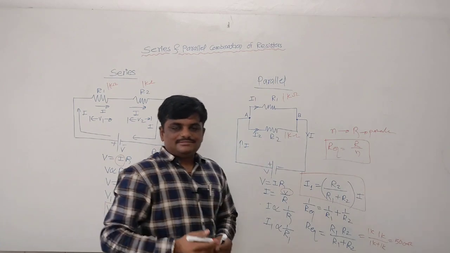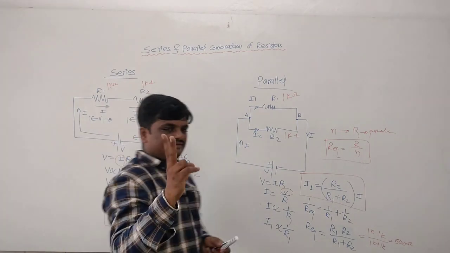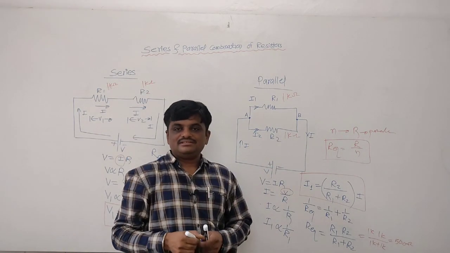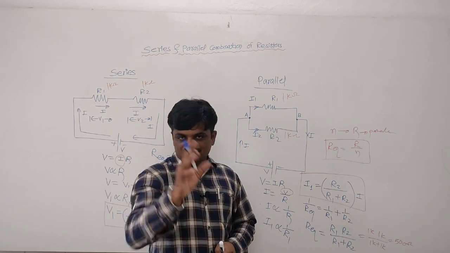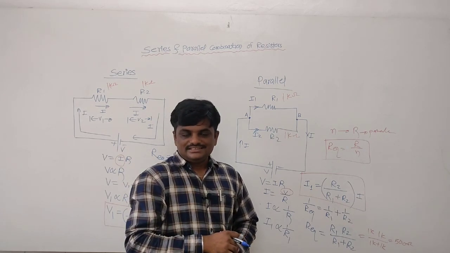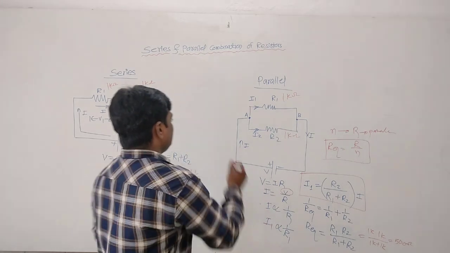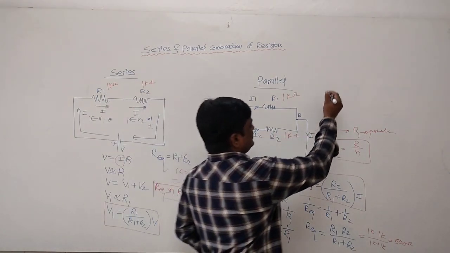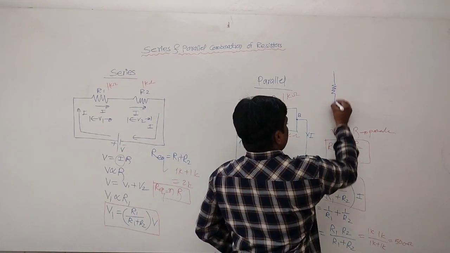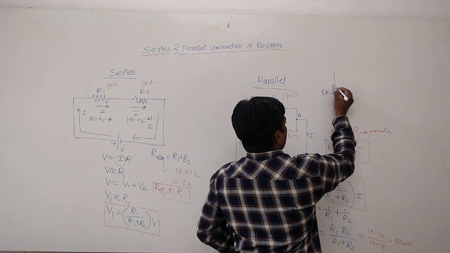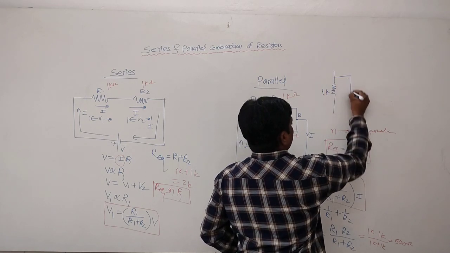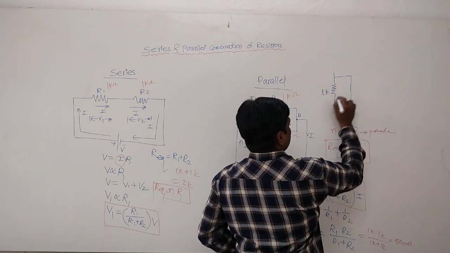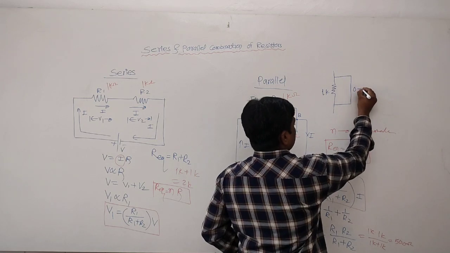So this concept can be used if you are having a short circuit in parallel with any resistance value. Let us consider you are having a short circuit. So this is a resistor of 1 kilo ohm, and in parallel with that you are having a short circuit. What is the resistance of a short circuit? 0.